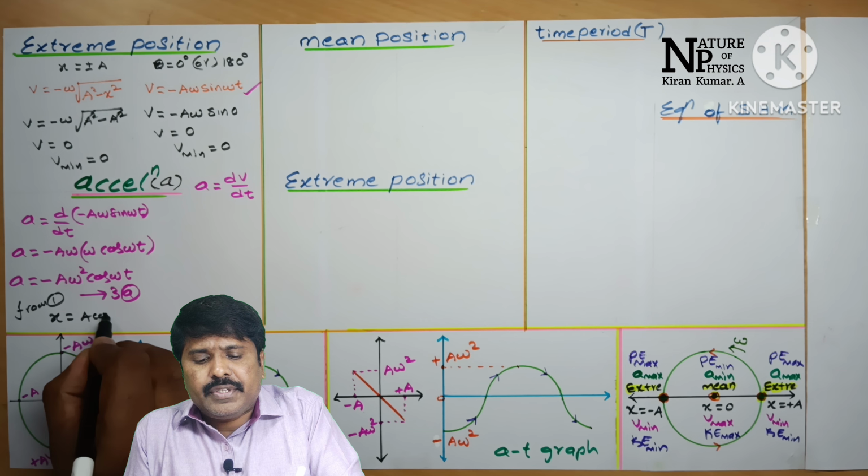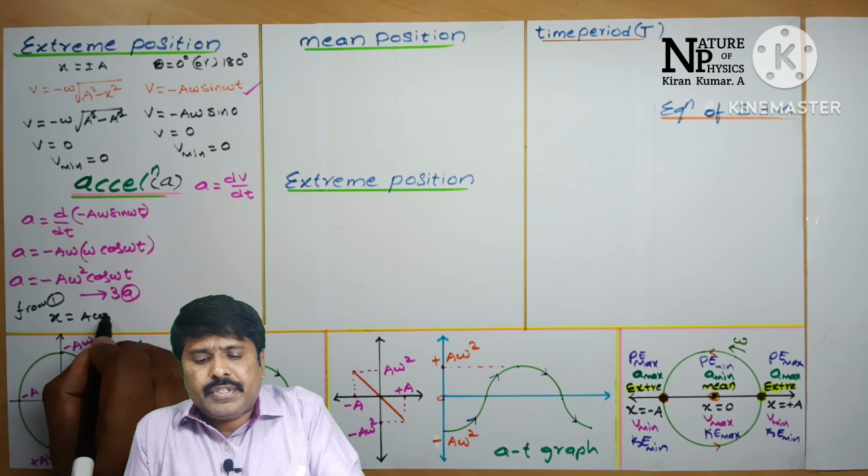So velocity equation v is equal to minus a omega sin omega t, this I can write as equation number 2a, students. Okay, 2a represents velocity is equal to minus a omega sin omega t. So rate of change of displacement is called velocity, clearly written everything.